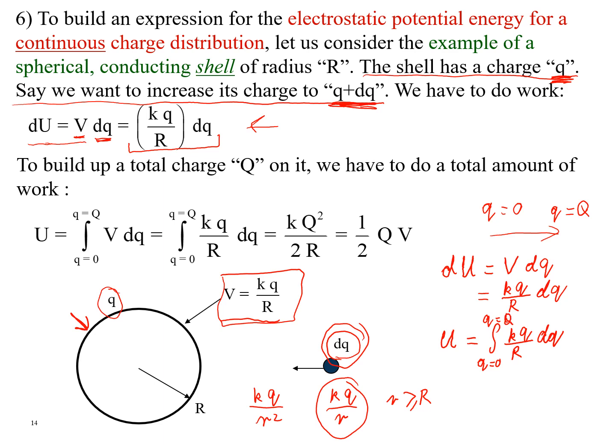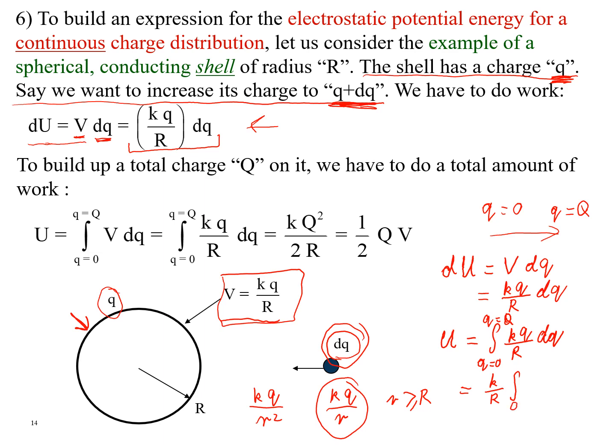So now notice that k and R slip out of the integral, so we can write this as k over R. That has slipped out of the integration because k is a constant, the radius of the shell is a constant, so big R is a constant.